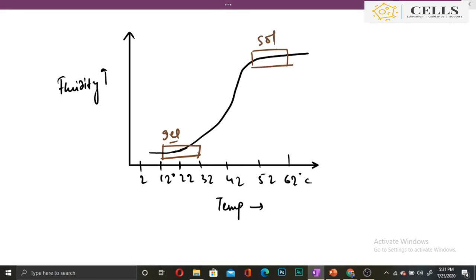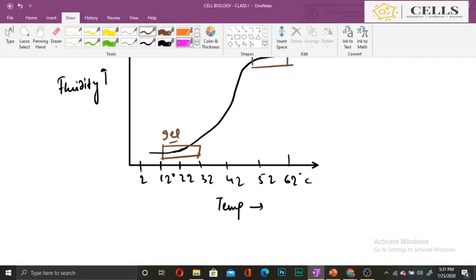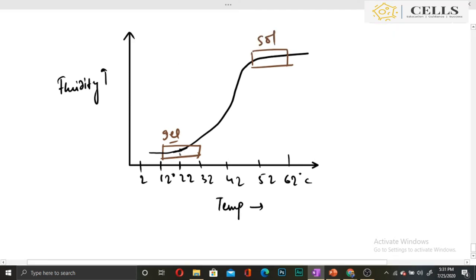So you can see that at 22 degrees Celsius it is gel form, and at about 52 degrees Celsius it is the sol form. So this is the condition when there is no cholesterol.